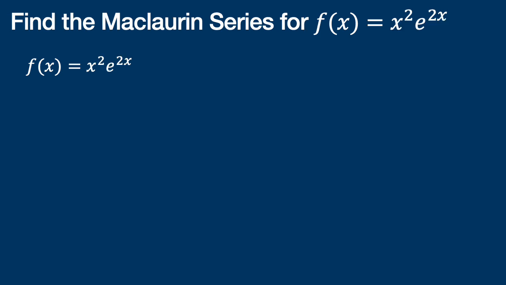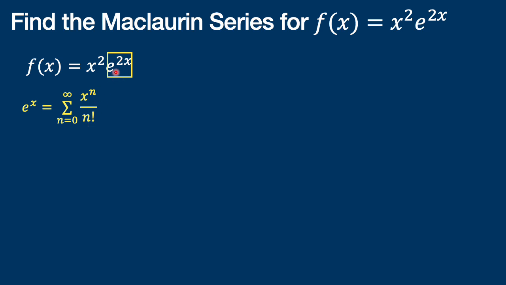Let's find the Maclaurin series for x squared e to the 2x. How are we going to find it, guys? Before we start, let's first find the Maclaurin series for e to the 2x. We only know that e to the x is the sum of x to the nth power over n factorial.